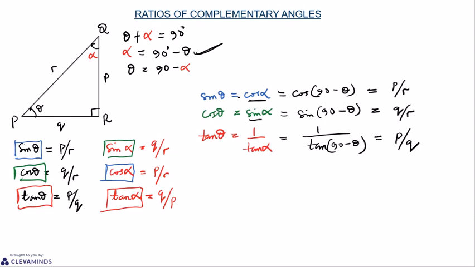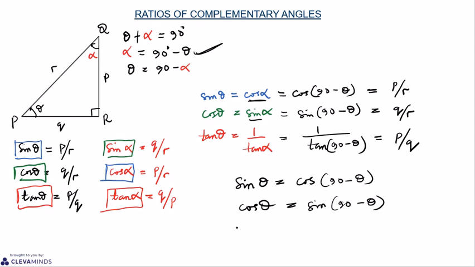So these are the ratios of complementary angles. Writing it out, sine theta is the same as cos 90 minus theta. Cos theta is the same as sine 90 minus theta, while tan theta is the same as 1 over tan 90 minus theta.